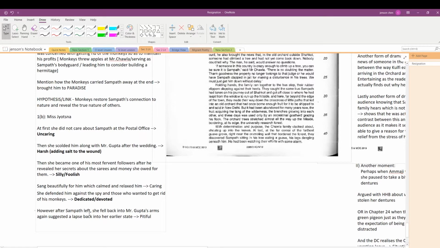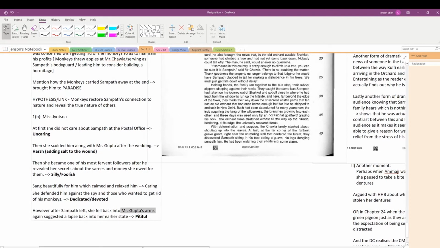Okay. Last but not least, a bit pitiful that after Sampath left, she fainted and fell into Mr. Gupta's arms, right? Which actually was his plan all along, to get rid of the monkeys so that Sampath would lose his attraction over Miss Josna, and Mr. Gupta could kind of get her attention over again.